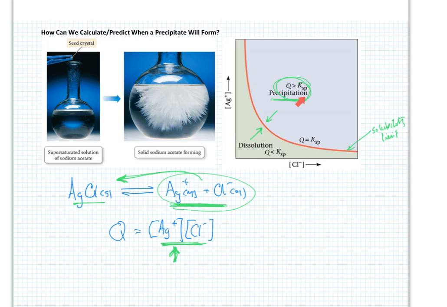So a real dramatic example of this is sodium acetate, and this is called a supersaturated solution. I don't know if you've ever made rock candy before, but it's basically the same idea. You increase the temperature, you get it to a hot state, and then you take a seed crystal and drop it in, and the seed crystal immediately starts to form crystals. In this case, sodium acetate crystals form.